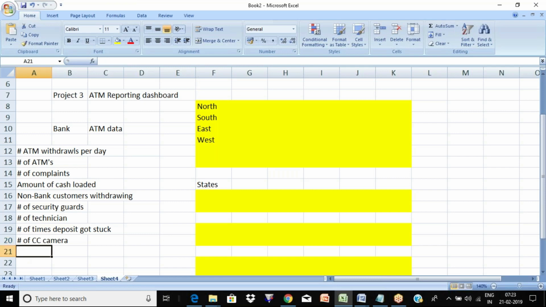That means the number of transactions happening each day, and the amount. So by each day, how many transactions are happening and how much amount is being withdrawn.